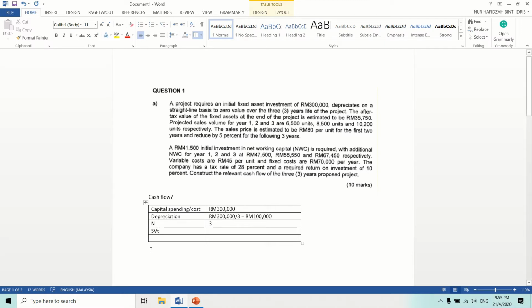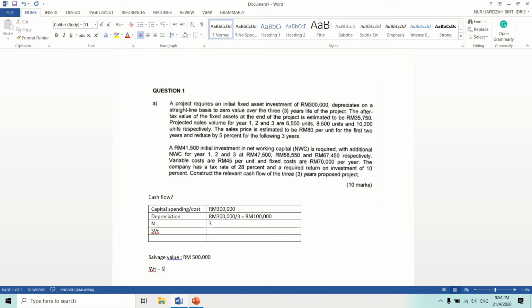Normally, in previous final exam questions, they do not give you the after-tax value, but only the salvage value. What do we mean by salvage? Salvage is a scrap value. So if the question gives you a scrap value of RM 500,000, you need to find the after-tax salvage. How do you get the after-tax salvage?